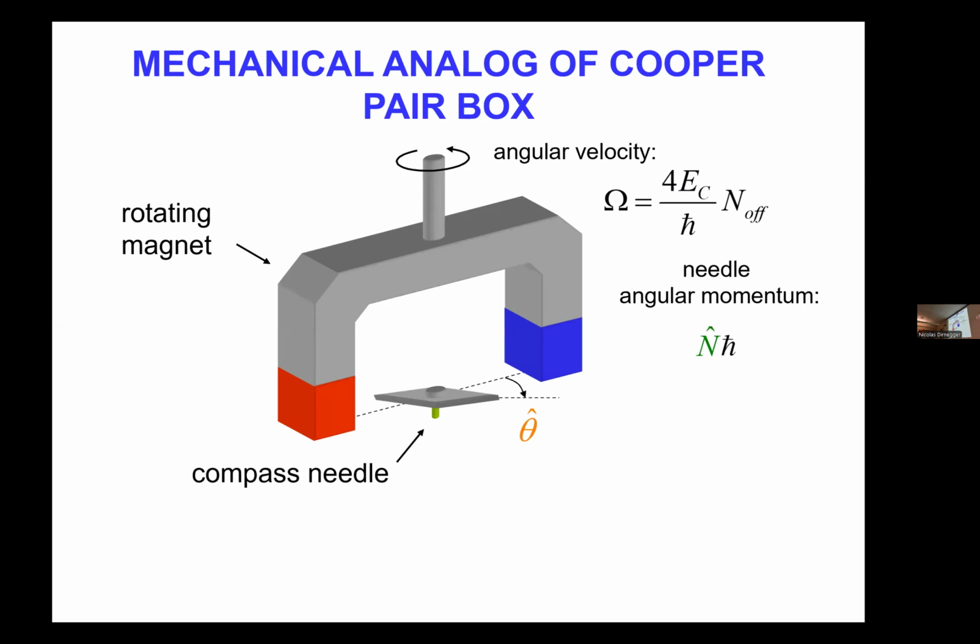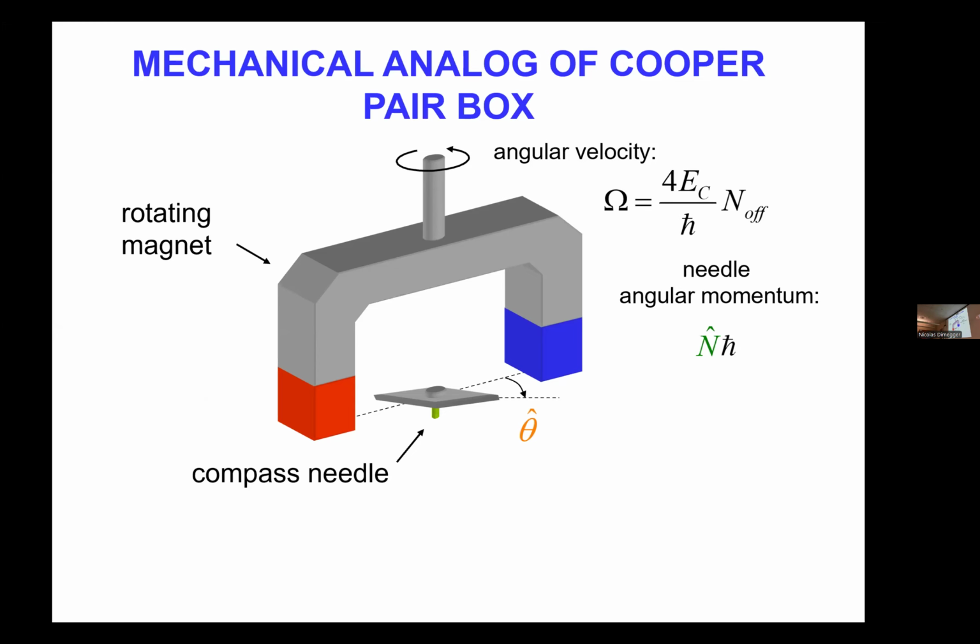Now, if we look at a mechanical analog of this system, this is the mechanical analog. So the phase difference between the island and the main electrode is like an angle, like the angle between a compass needle and, let's say, the field imposed by this magnet here. But what is nice in this analogy is that we can have a representation of the charge offset.